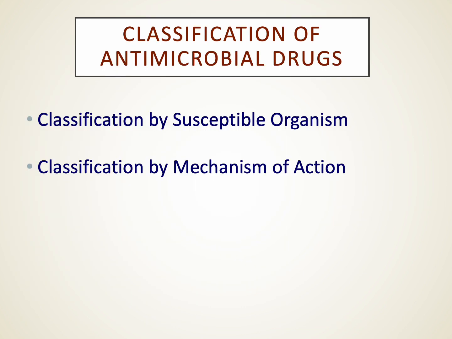The classifications of antimicrobial drugs, we classify them in really two different ways. We think of them as what's the susceptible organism. So the broader terminology, we think of antibacterials, and then we'll talk about antivirals and antifungals. We can also think about the mechanism of action of all of the antibacterials. We have the beta-lactams that affect the bacterial cell wall.